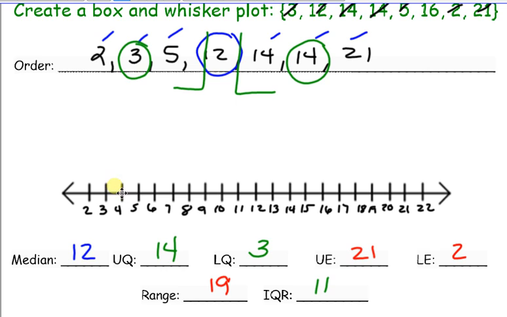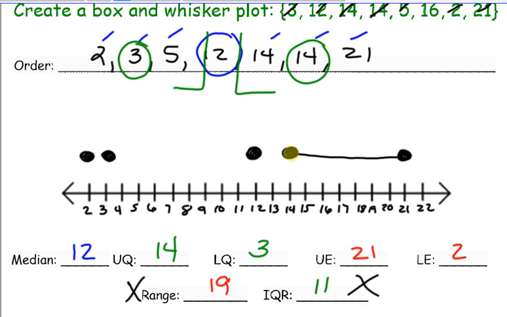So I'm going to graph my extremes. I have 2 and I have 21. And then I'm going to do my quartiles, which is 3 and 14. And my median is 12. And remember, you do not graph your range and you do not graph your interquartile range.